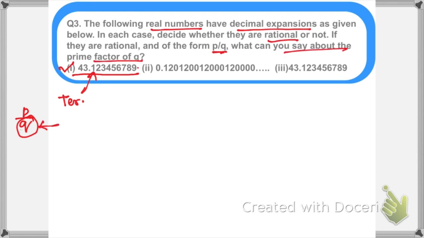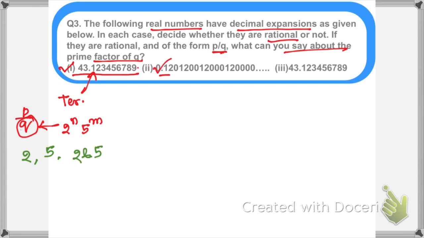So we can say that this q is of the form 2 to the power n, 5 to the power m. Meaning this q can either contain 2 as its factor or 5 as its factor or both 2 and 5 as its factors.